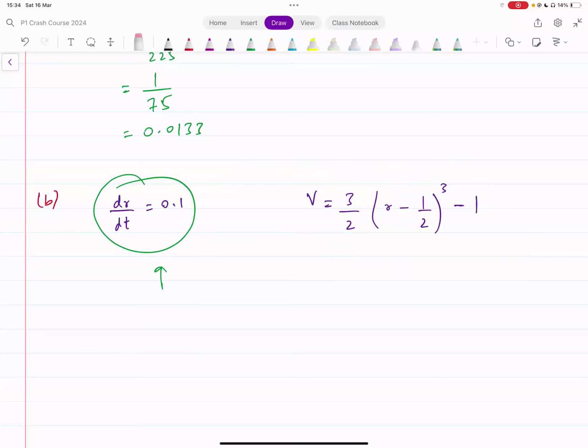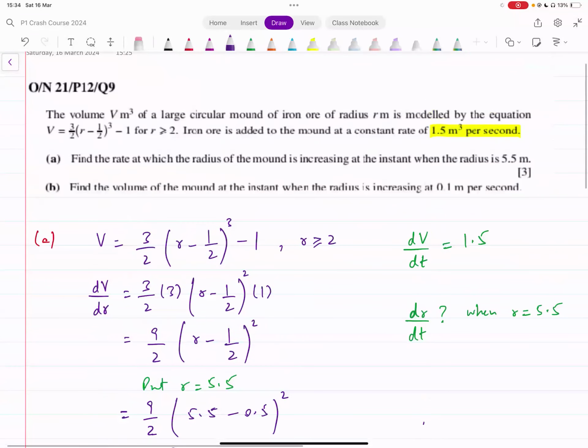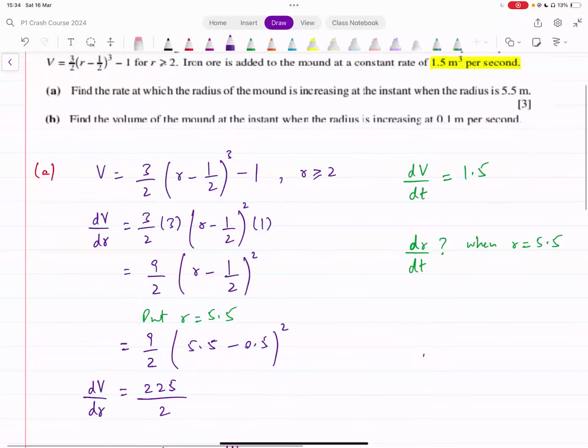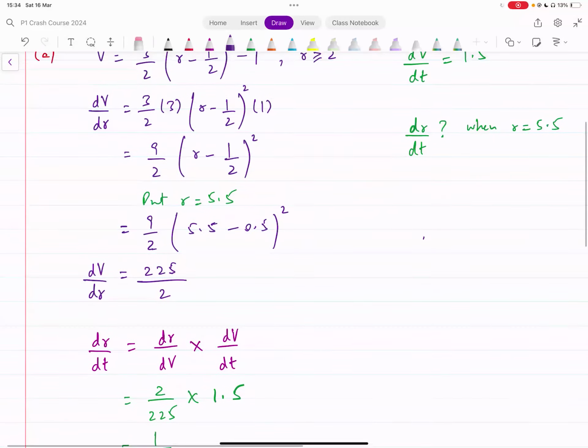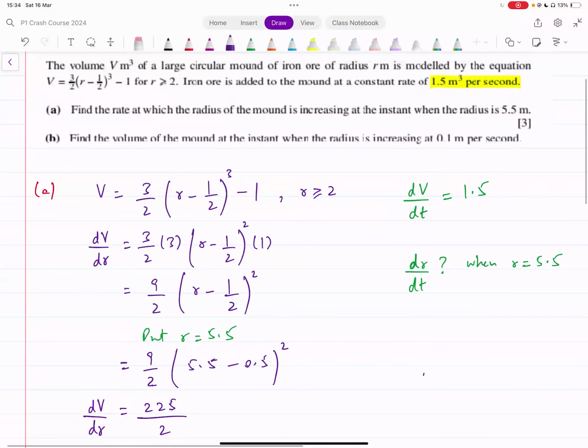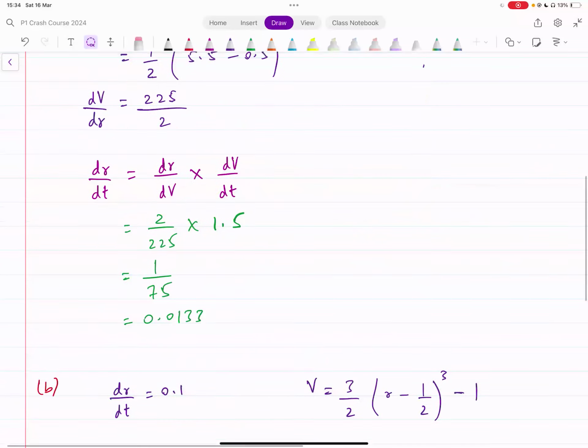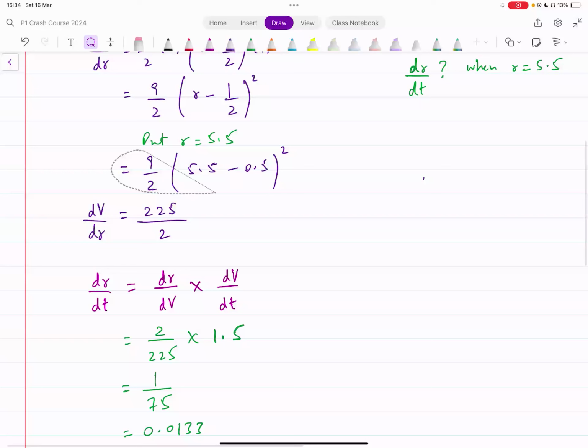Now, how do you find the value of r when dr over dt is 0.1? Let's think about that. The rate of change of radius is 0.1. We already have dv over dr found. We found that here.